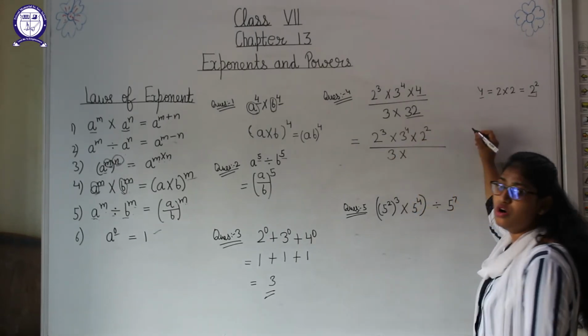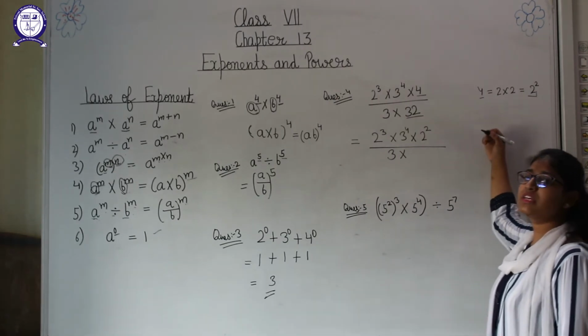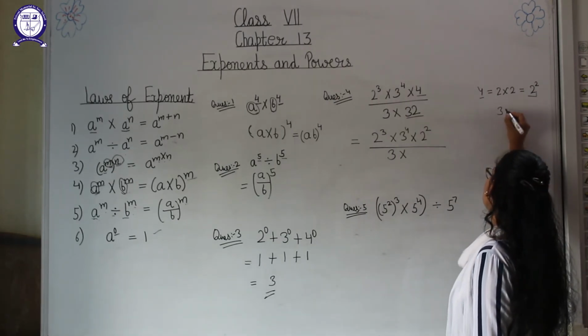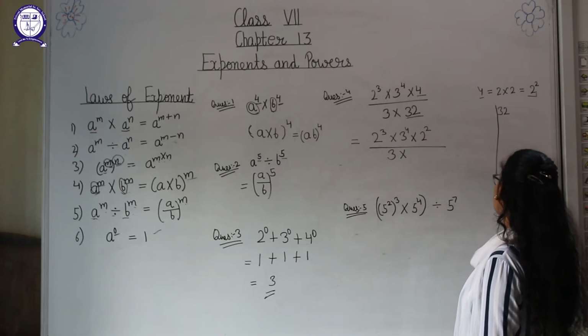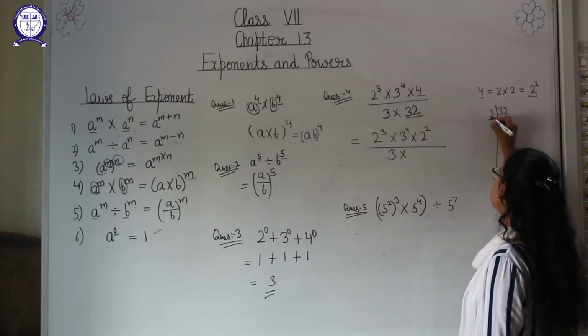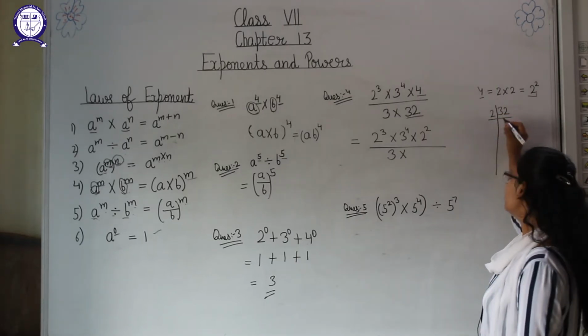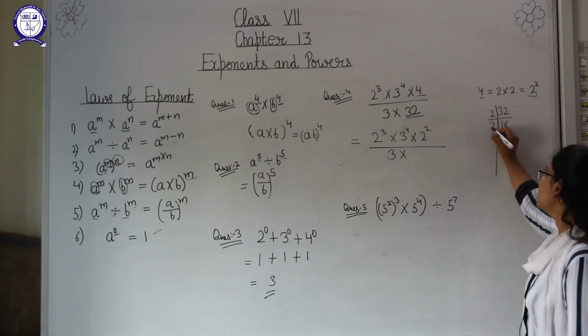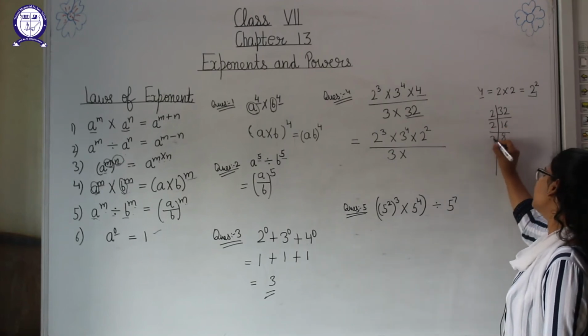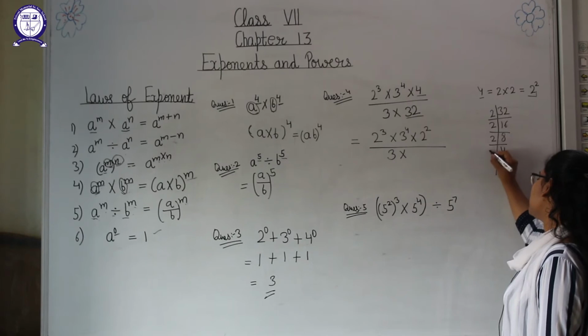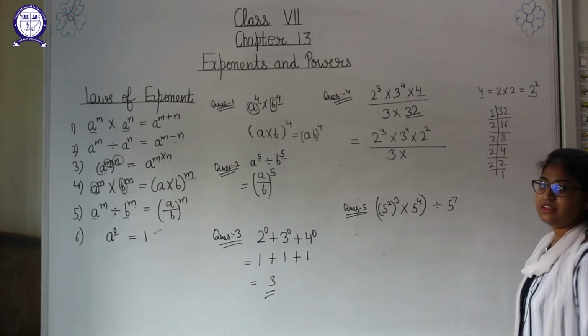Here 32. What will we do to write 32 in the exponential form? I have told you earlier also, we can do the prime factorization. Here 32 can be divided by 2. It will be 16 here, then 2, 8, when 8 is divided by 2, it will be 4, and like this you will get the prime factors.